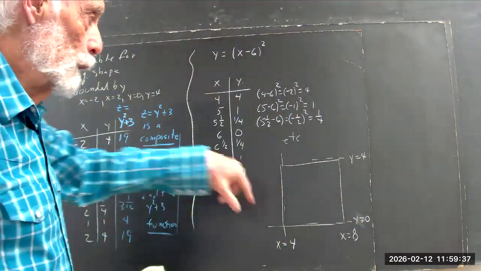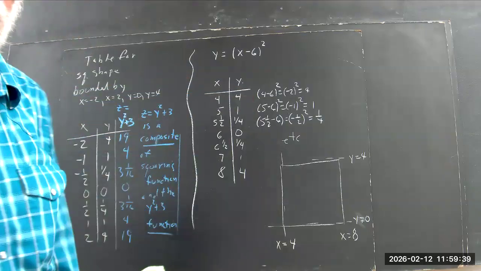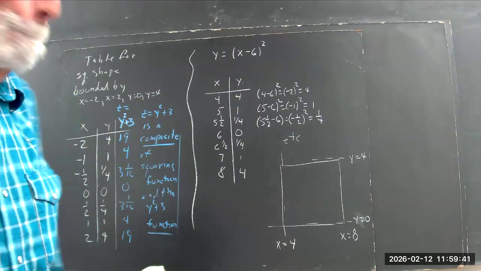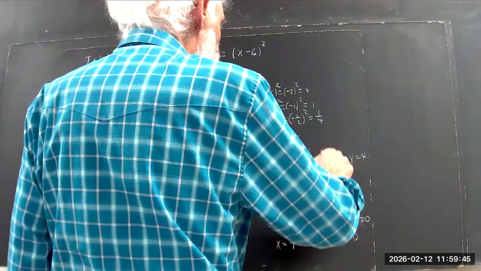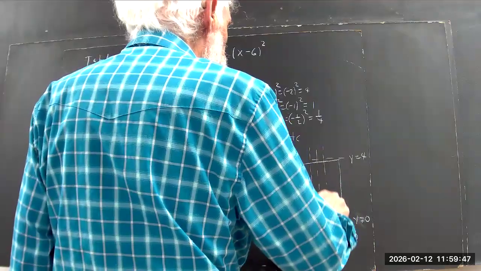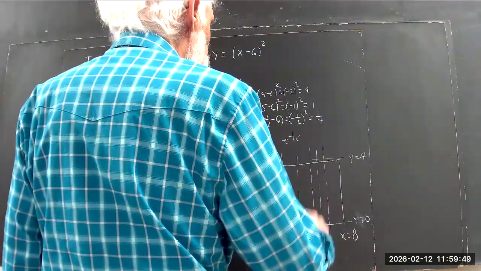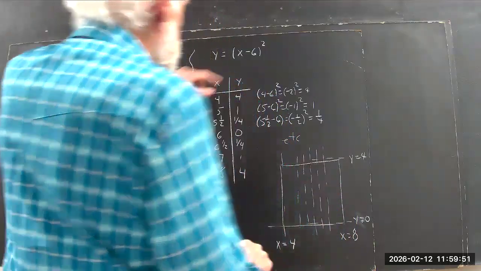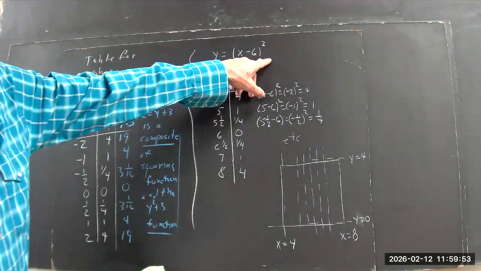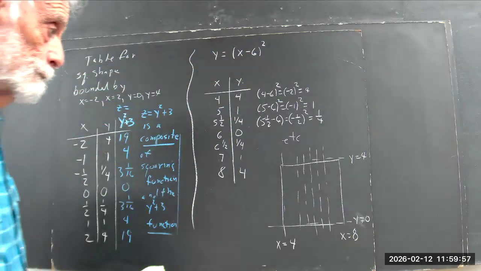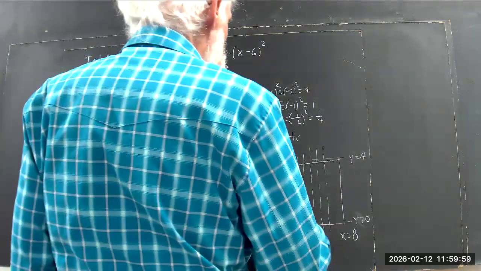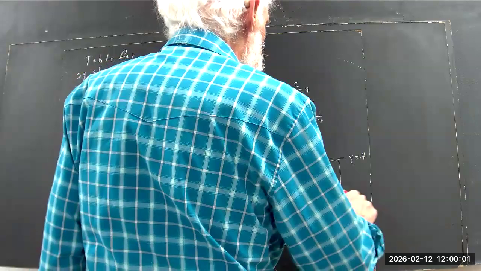Okay, so there's a window that corresponds to this table, right? And if we divide that window up into a type 2 graph, and why would you use a type 2 graph? Because this is a squaring function, but with something besides just x. Okay? We divide this thing up.